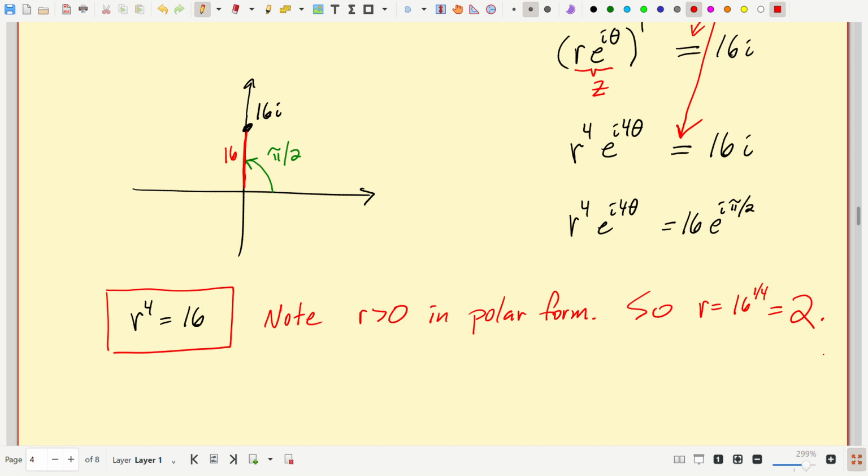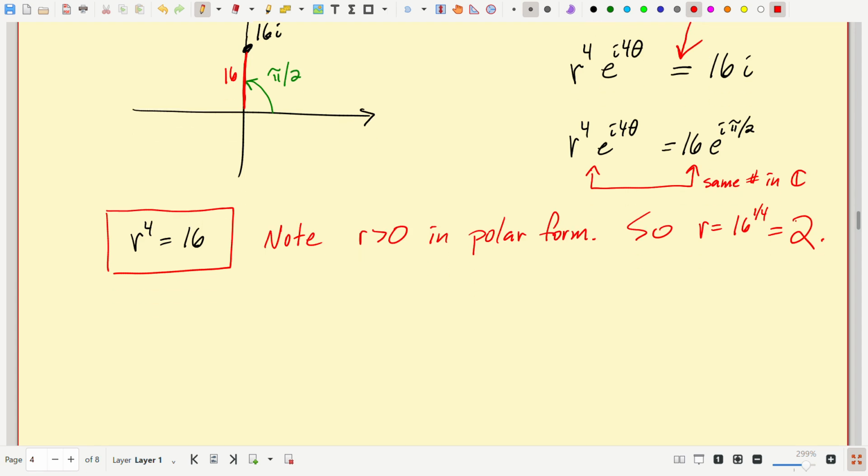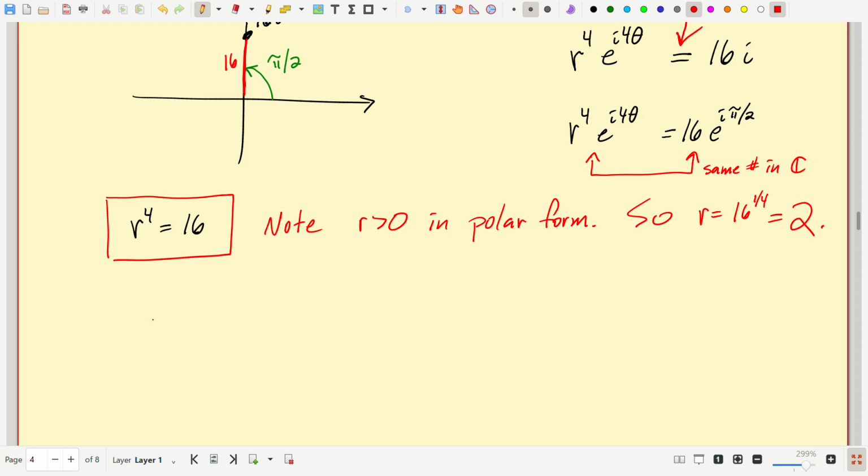The angle we have to think about. We want these two polar representations to represent the same number. But that polar form is not unique. So what do we see? These two polar forms need to represent the same complex number.